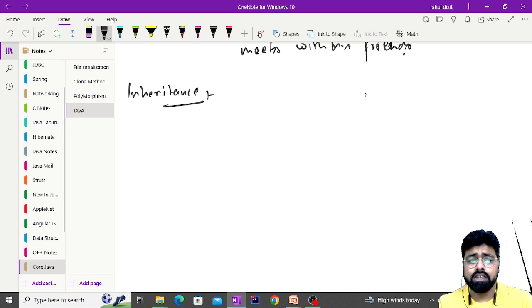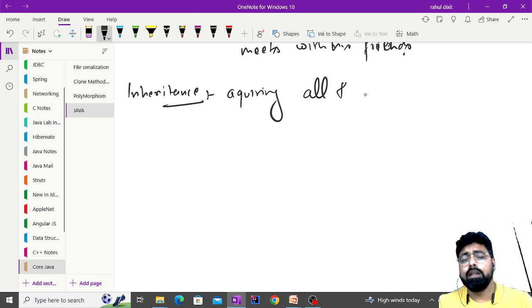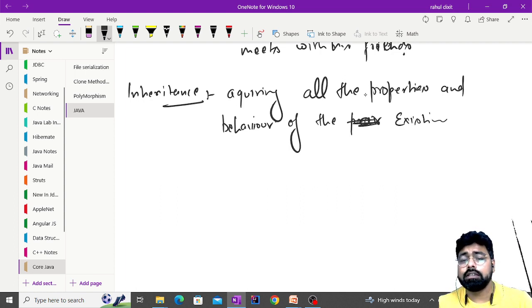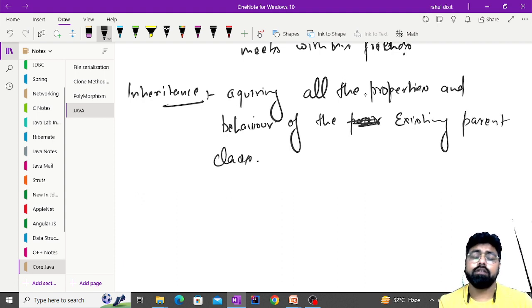So what is the definition actually? Acquiring all the properties and behavior of the existing parent class is known as inheritance.